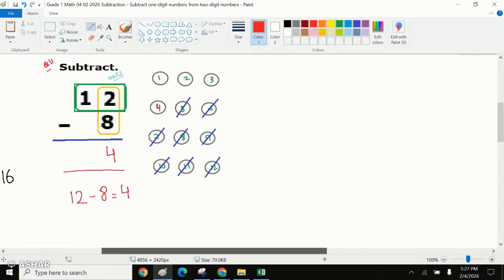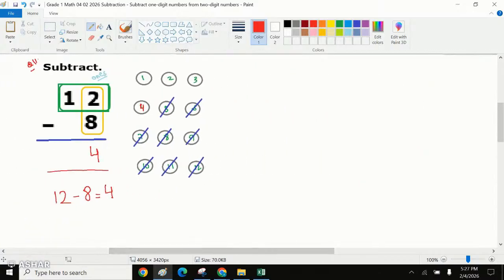Let's look at some similar examples. For the next question, let me just copy this. The next question we have says 18 minus 1.